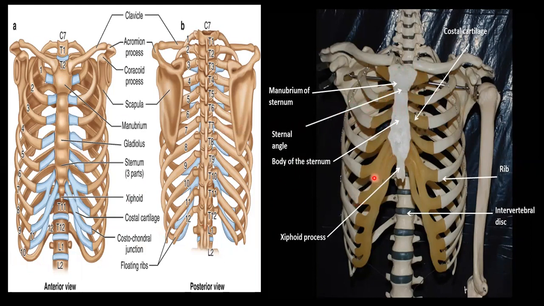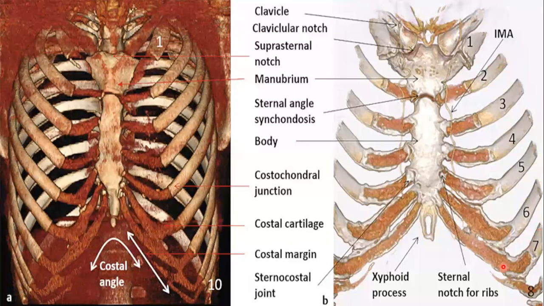Now we see what things are attached over here. Before going towards that, let's discuss this complete part. When we say that it has the suprasternal notch, supra means upper part, sterna means sternum, and notch means a depression like this.